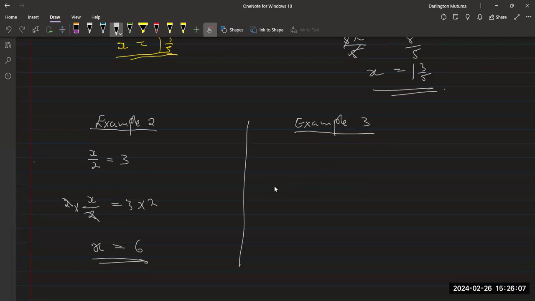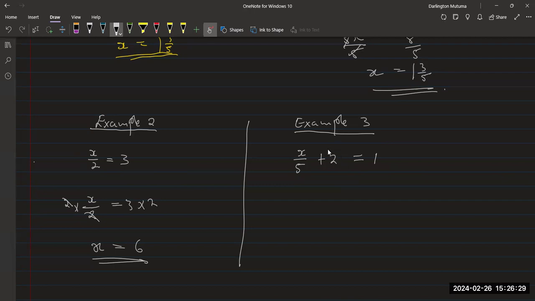Example 3. X over 5 plus 2 is equal to 1. Right now you can see x is attached to 5 by division, and then a 2 is added to it.